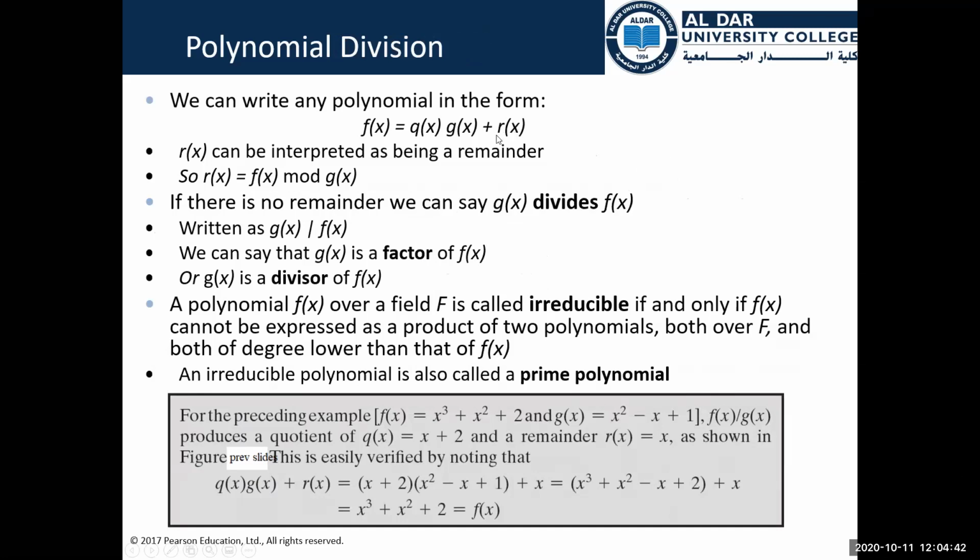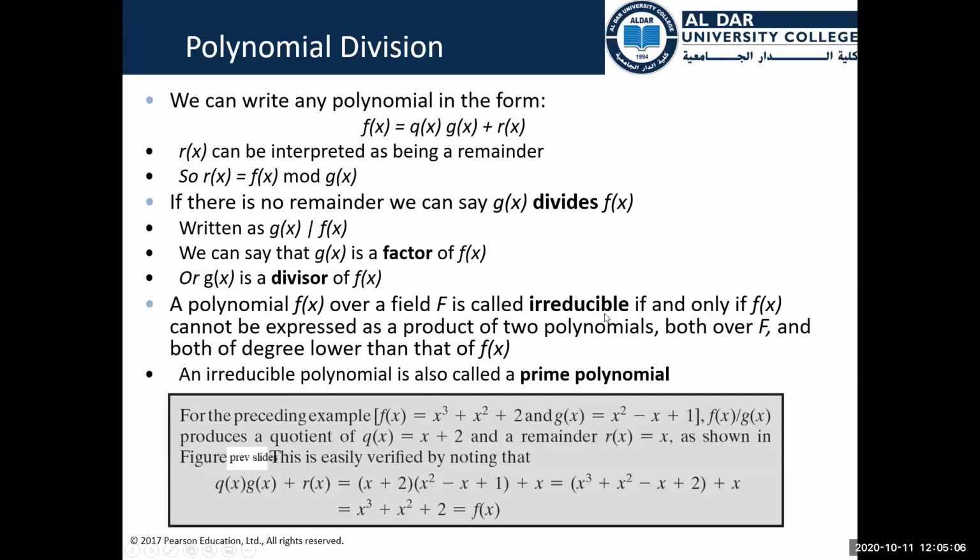If there is a remainder, this is a reducible polynomial. And if the R of X is 0, this is an irreducible polynomial. Okay, I'm sorry, the opposite.